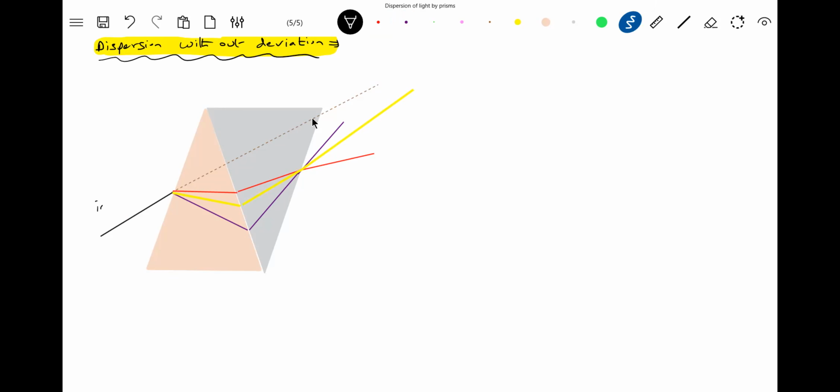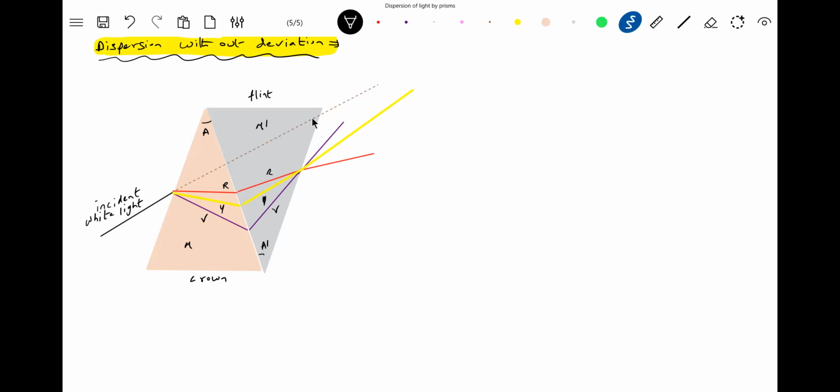So this is the incident white light, violet, yellow, red; violet, yellow, red. So this is A, A dash, mu, mu dash. There's a crown and there's a flint glass.